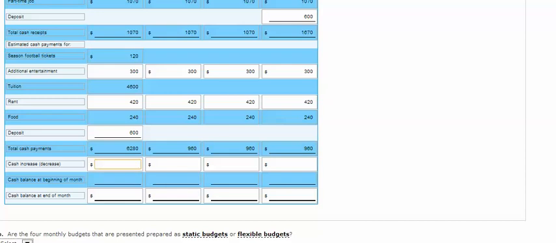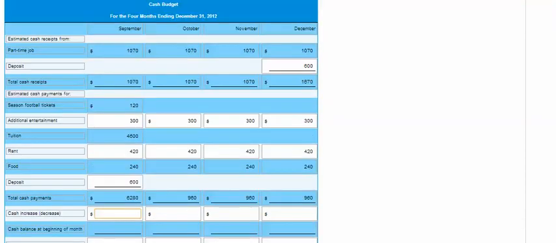Our increase or decrease in cash. In the month of September, we'll have a decrease in cash because we're spending more than what we brought in. So that's going to be 1,070 minus 6,280. So that's going to be a minus 5,210 in my case.